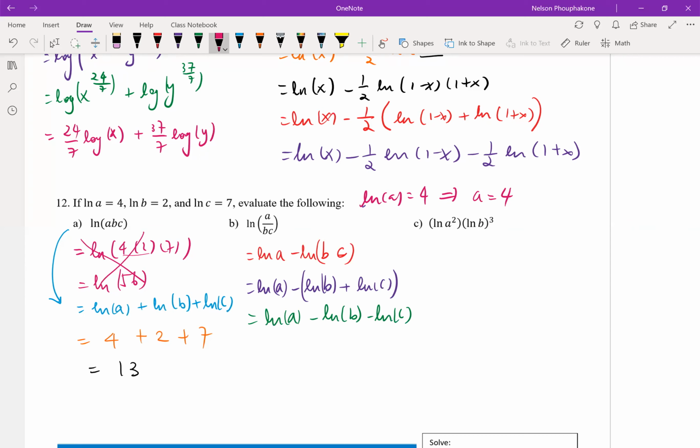And now we replace the number. This is 4 minus 2 plus 7. Okay. So therefore, my answer will be, this is 2, so I have 9 now, right?